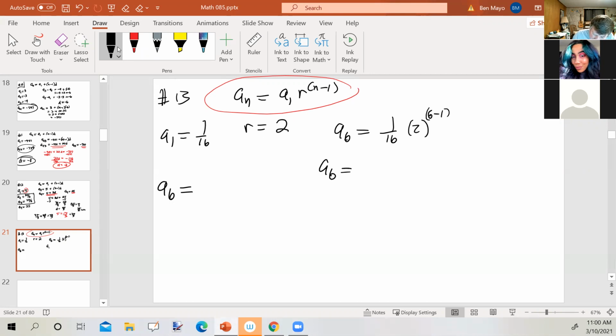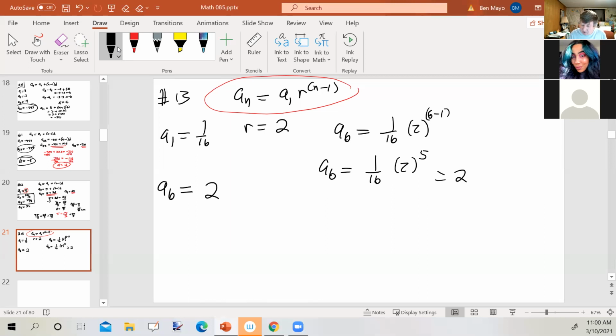So a sub 6 is 1/16 times 2 to the 5th power. We could plug that into our calculator: parentheses 1 divided by 16, close it up, times 2 to the 5th power. I get 2.